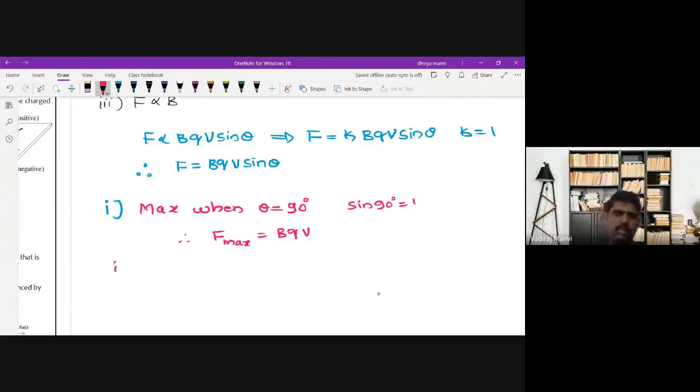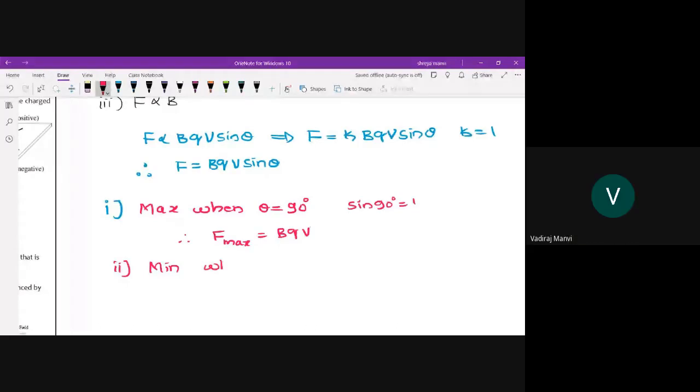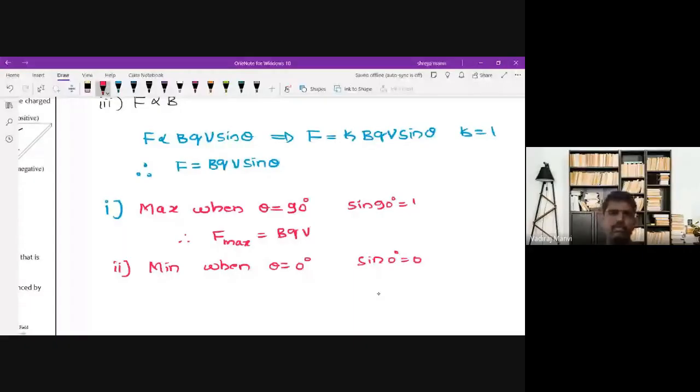Then second one, when will it experience minimum force? Remember, minimum means obviously 0. Obviously, minimum when theta is 0, because all of you know sin 0 is 0. Therefore, the minimum force experienced is 0.